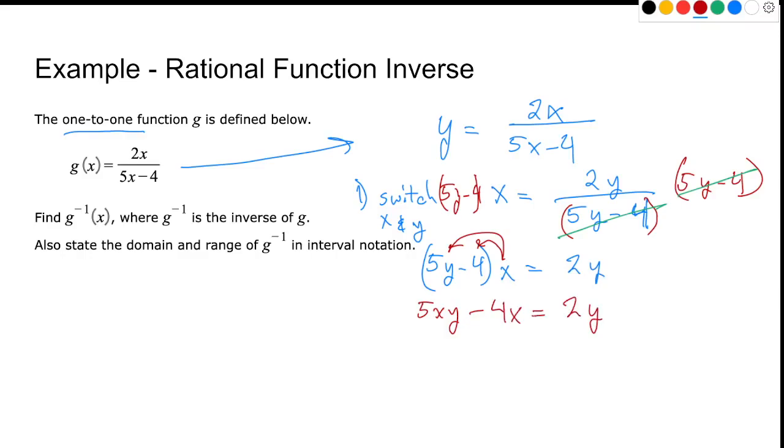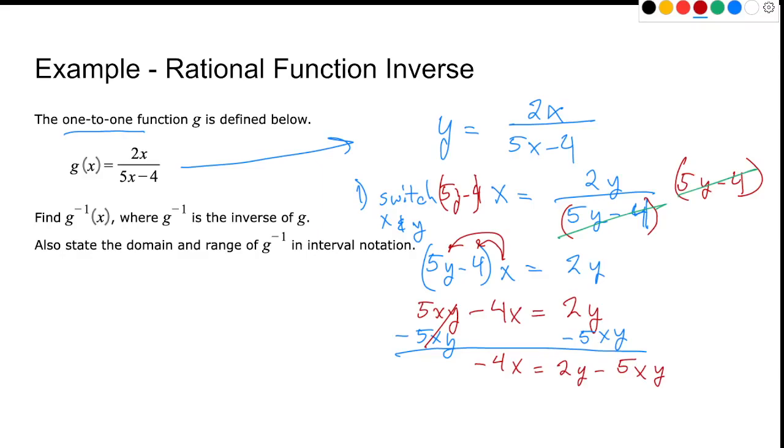Since we want to solve for y, we want to get everything with a y on the same side. The simplest way, with one move, is to subtract 5xy, because then it moves over here and this side becomes 0. We get negative 4x equals 2y minus 5xy.